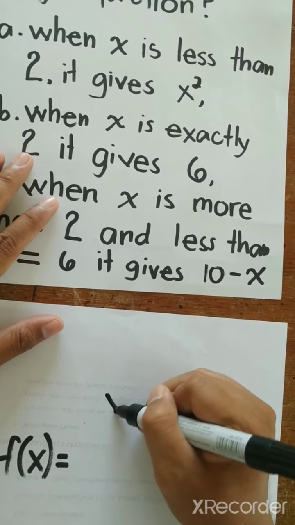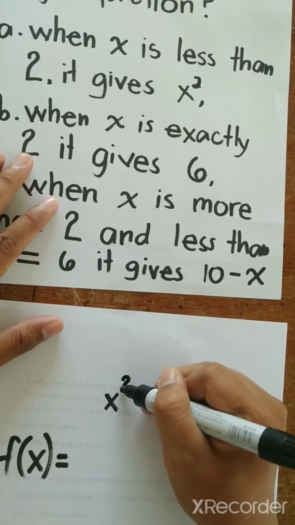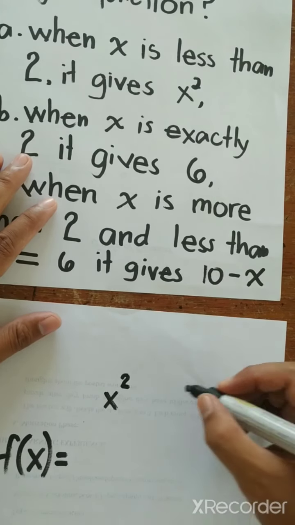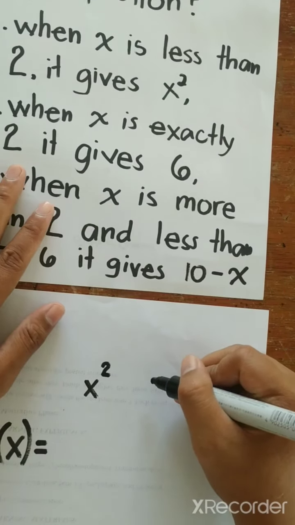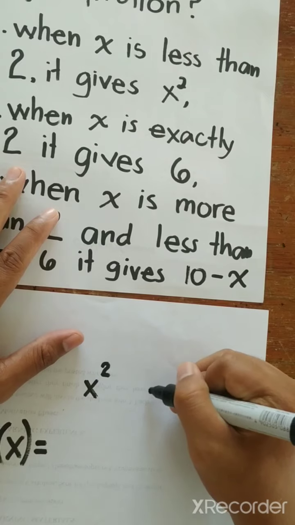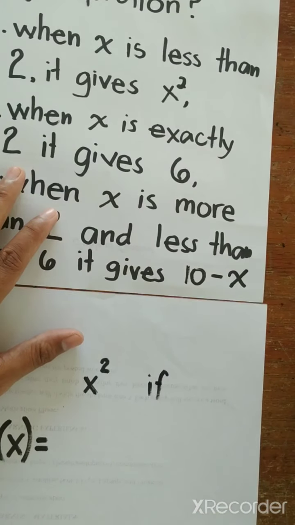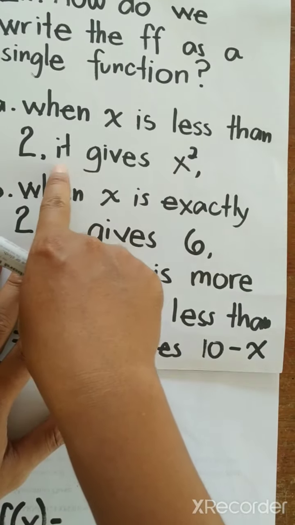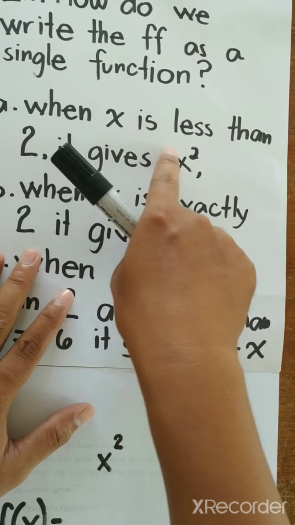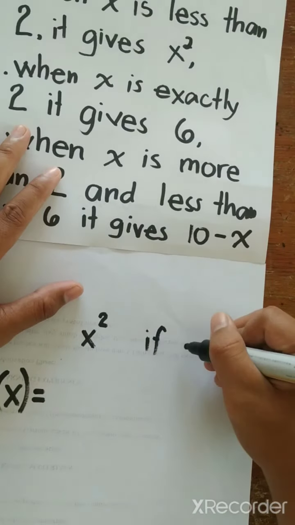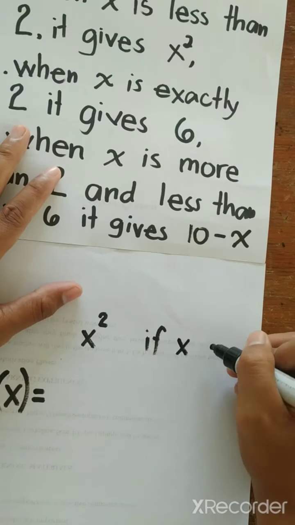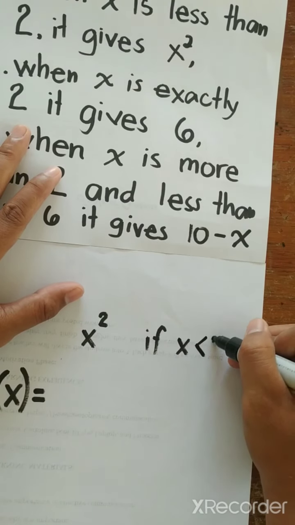So it is simply x squared. We are going to write our constraint here. We have if x is less than 2.